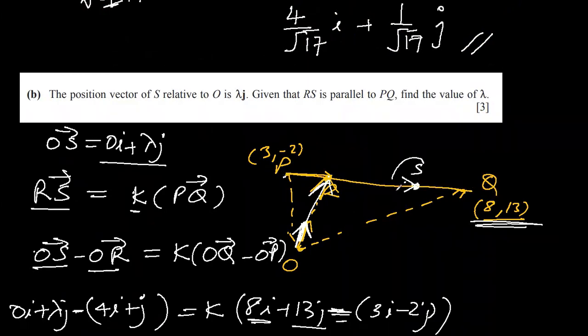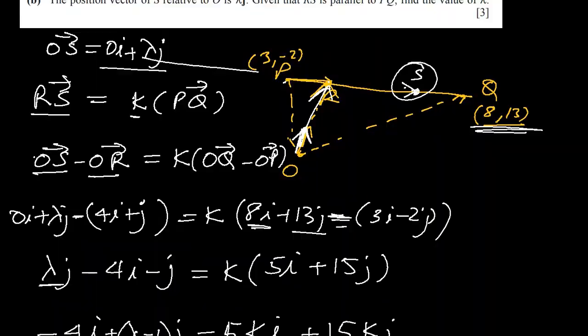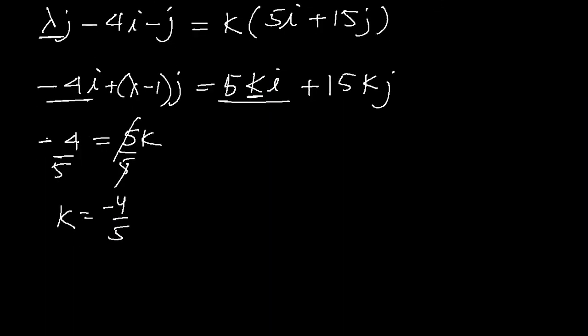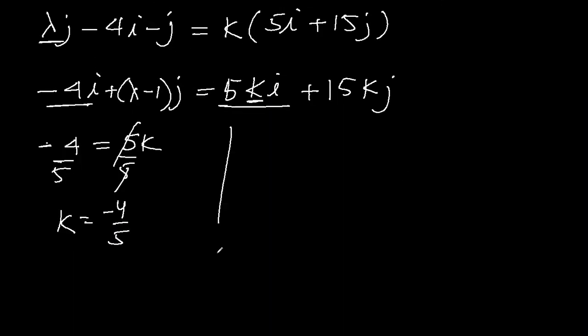And negative means S is not where I assumed, not here. It is actually in the opposite direction, somewhere in this direction. But we don't need to take care of the drawing, we need to take care of the values. So we have to find the value of lambda, right? Now we'll compare the j's with this j. So lambda minus 1 will be equal to 15k.